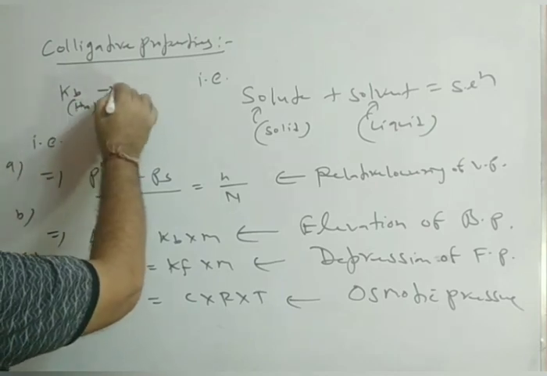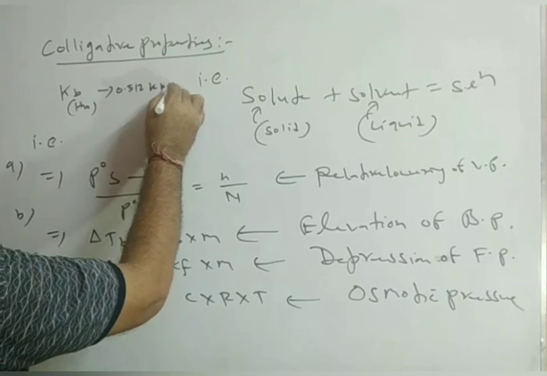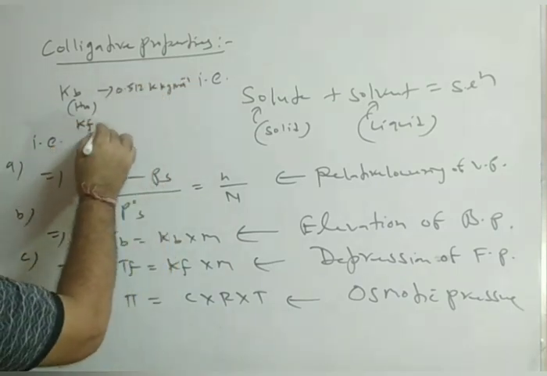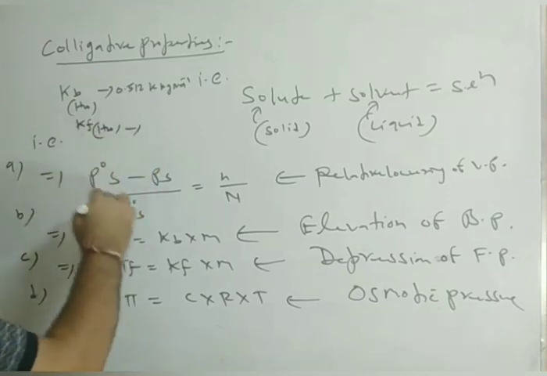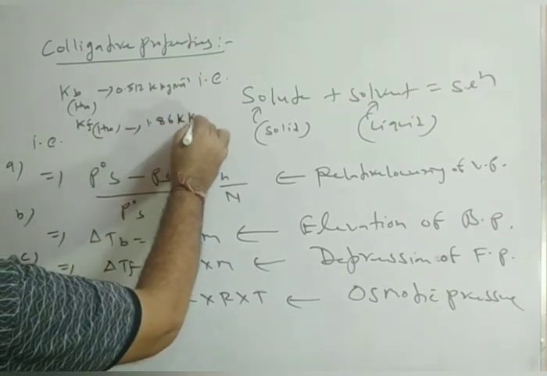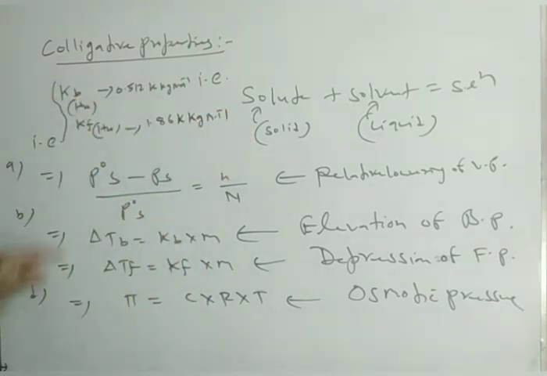That is said to be what? 0.512 Kelvin kg per mole. And Kf for water is what? 1.86 Kelvin kg per mole. So always remember such numerical values for Kb and Kf for water.